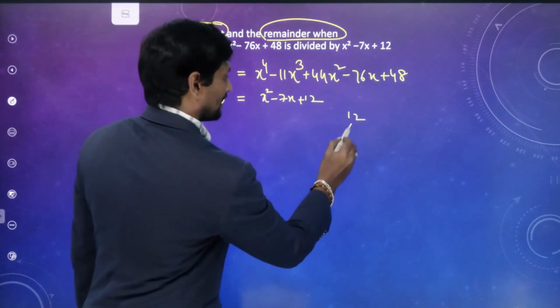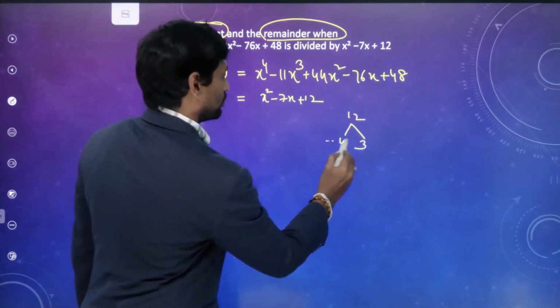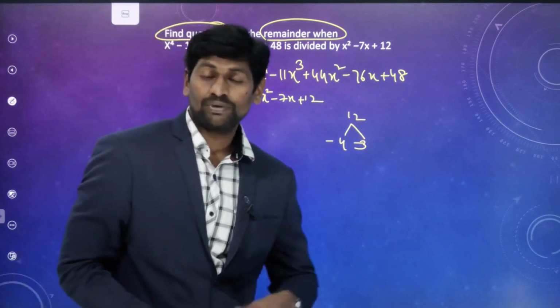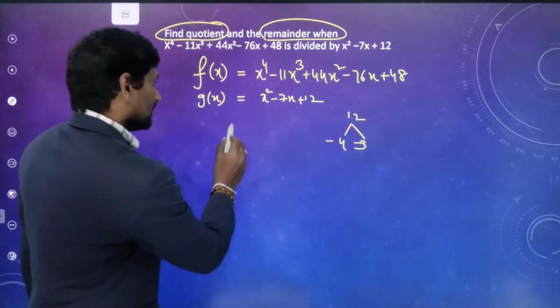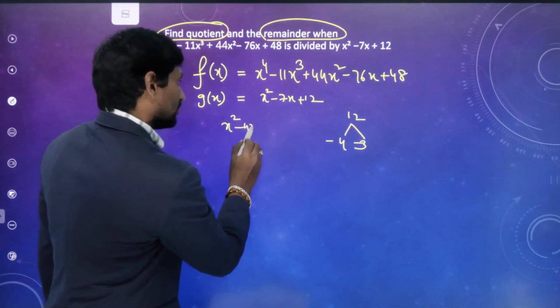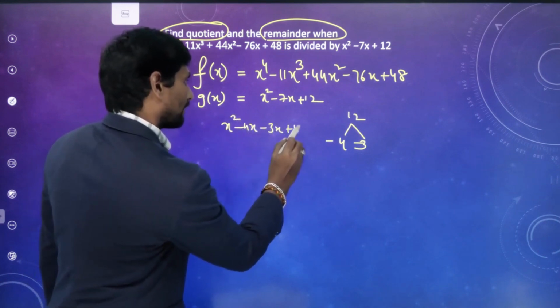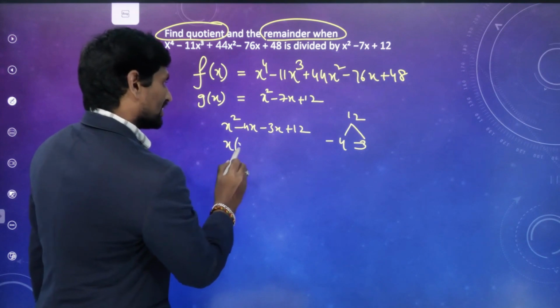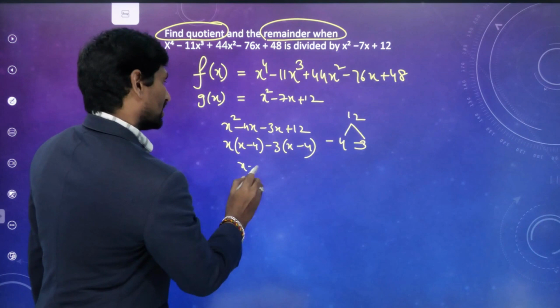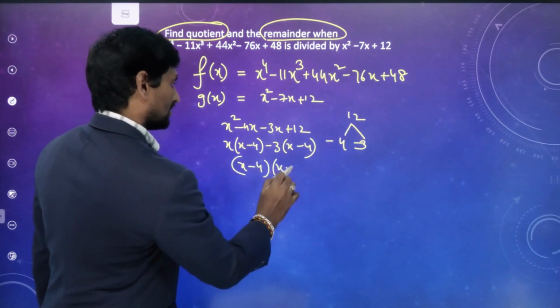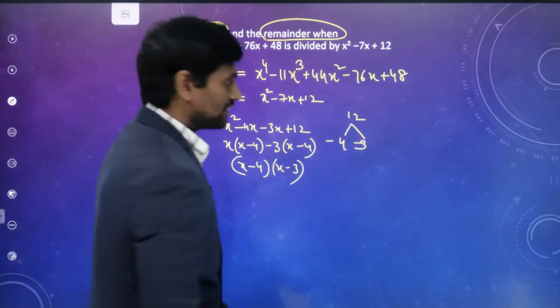So 12 factors as 4 and 3, we can take both negatives, and we can split minus 7x as minus 4x and minus 3x. That is x square minus 4x minus 3x plus 12. So simply x minus 4 and x minus 3. Both are the factors here. Now apply the synthetic division.